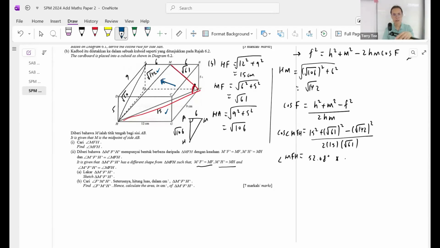Okay, sorry, I think I focus on the wrong side. The angle that you need to maintain is this one. MF, MH.